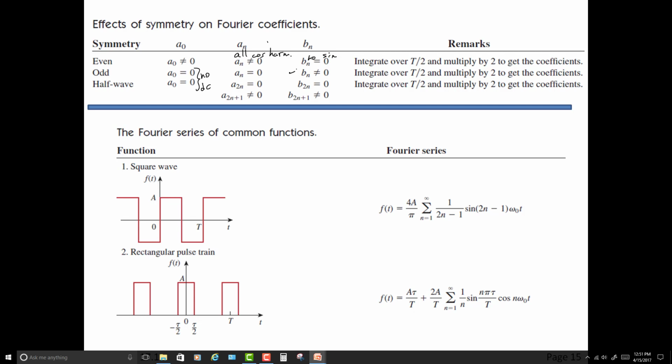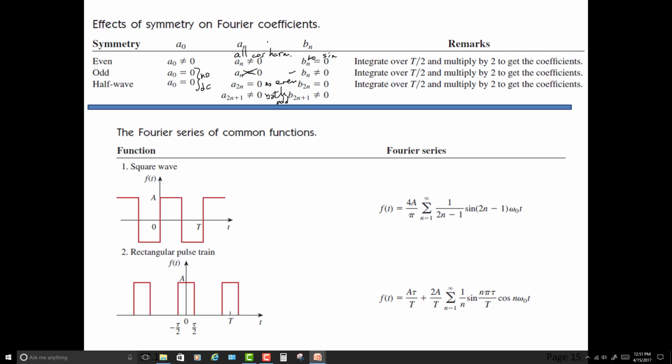Right? This is what we've got. Half wave, you've got what? No even harmonics, right? No even, but you've got both odd harmonics. Okay? Kind of watch it, and there's some remarks.